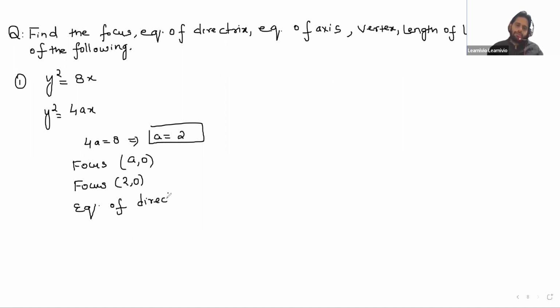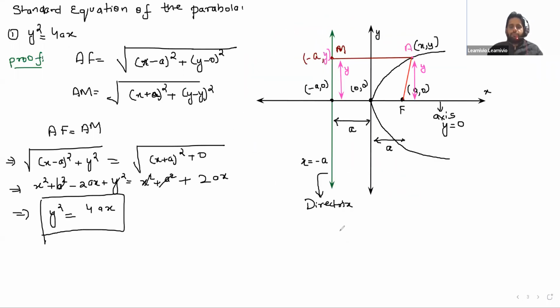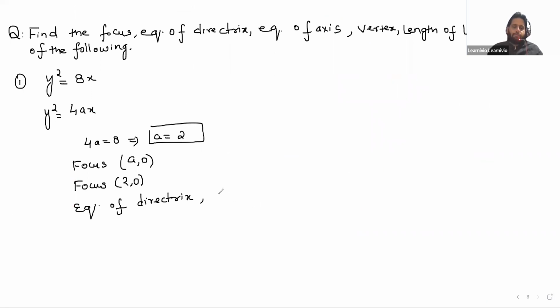For this one, x is equal to minus a. Yes, sir. So this is x is equal to minus a, and that's why we will get x is equal to minus 2.